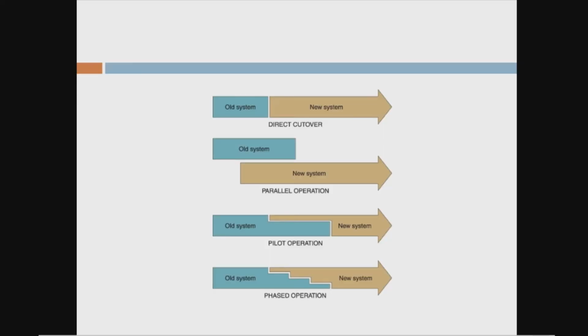Using the direct cut over, we have the old system. The old system takes orders manually. Let's say we have one restaurant that we call Mama Restaurant. In Mama Restaurant, the process of taking an order from the customer is manual, using pen and paper.